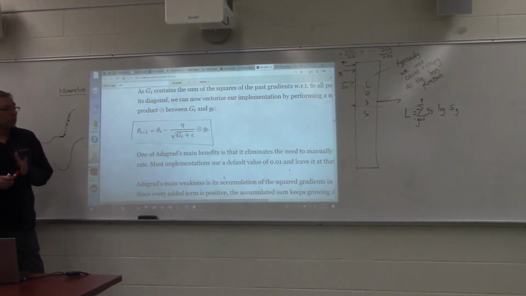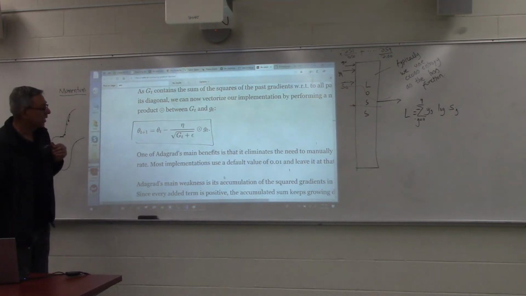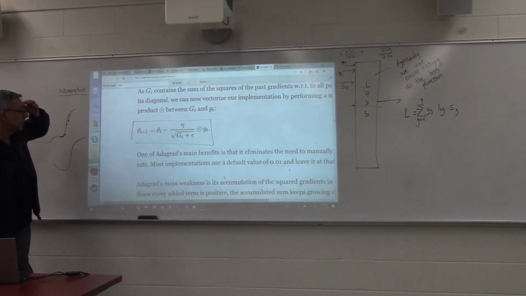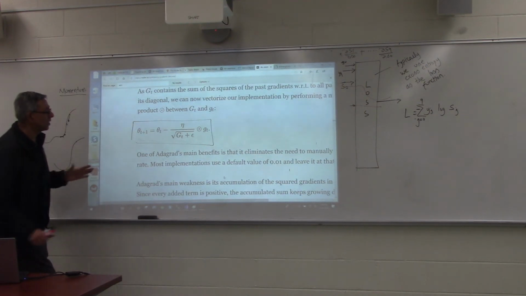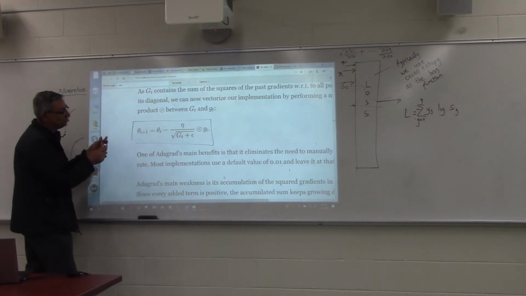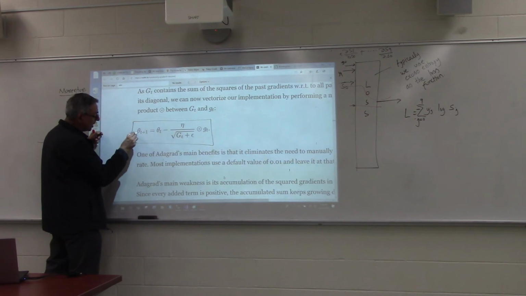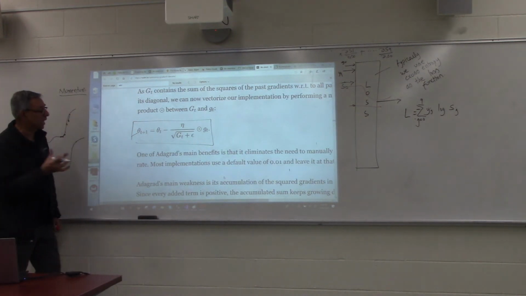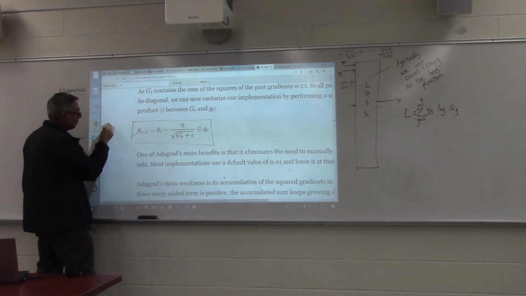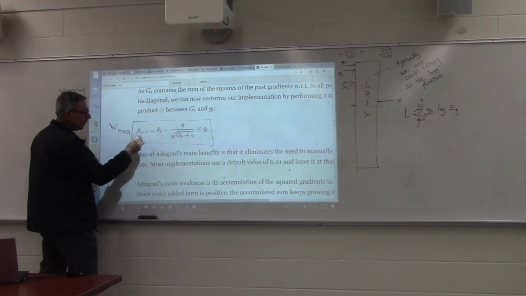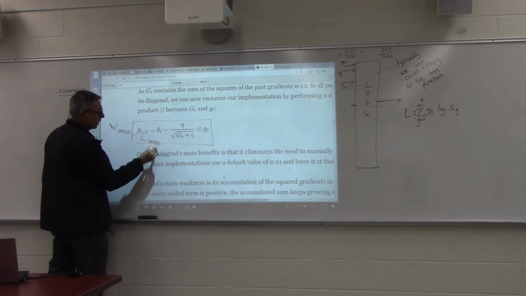But didn't you say that this dot with a circle is the multiplication element-wise? Shouldn't it be like... Okay, let me think. Okay, yeah, you have a good point. Let me see. Okay, suppose, again, let me go into two cases, one for the weights, one for the biases. Let's see if it works. Suppose our weight matrix is 100 by 10. So this will be 100 by 10, agreed?